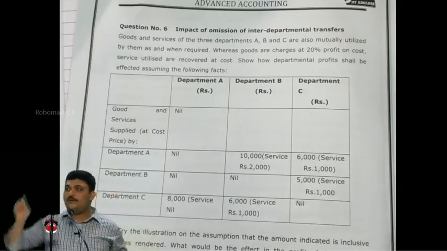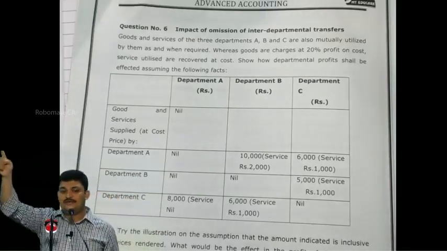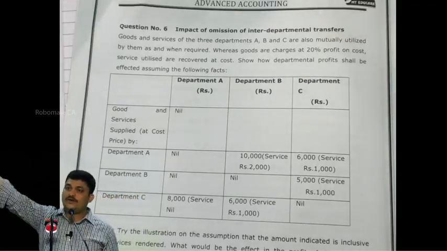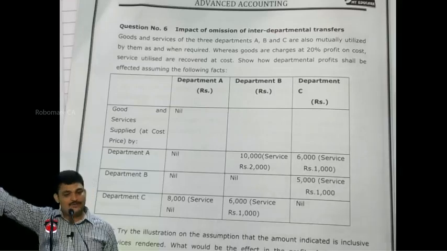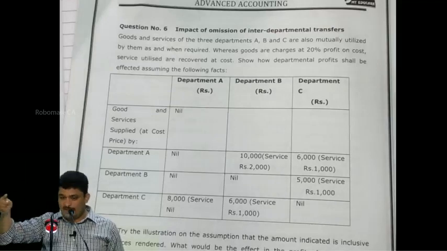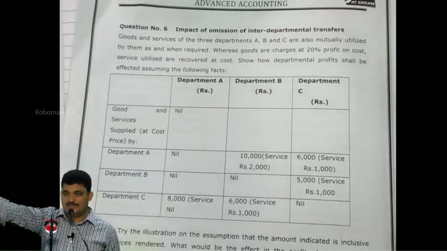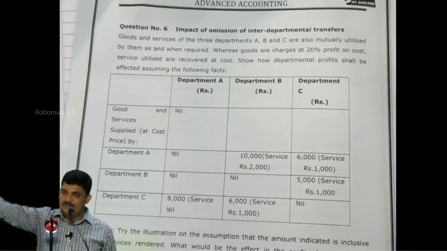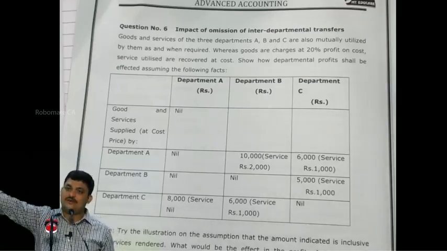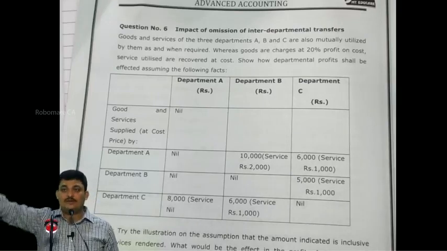So we would like to see all the transfers made by A to A, A to B, A to C, total transfer out. Understood? Then B to A, B to B, B to C, total transfer by B, then C to A, C to B, C to C, you will get total transfer by C, that column, correct?